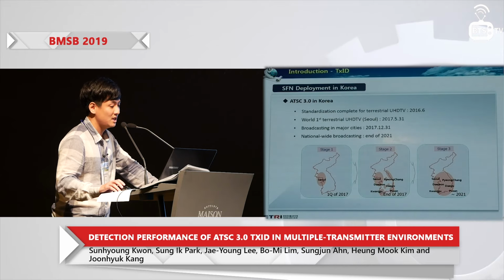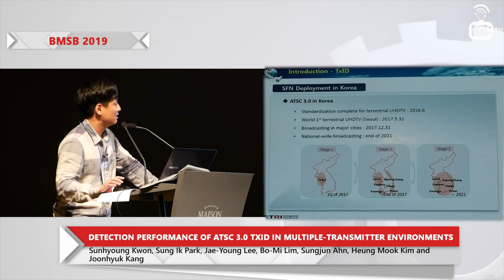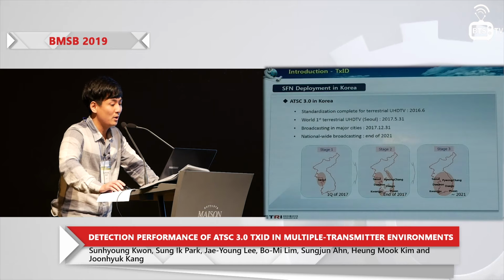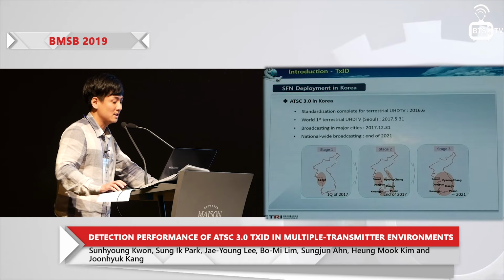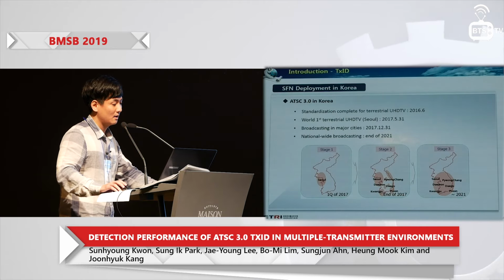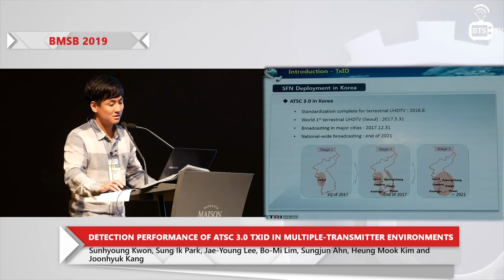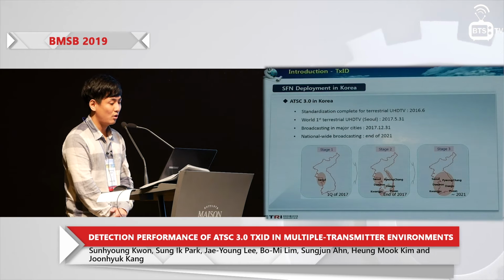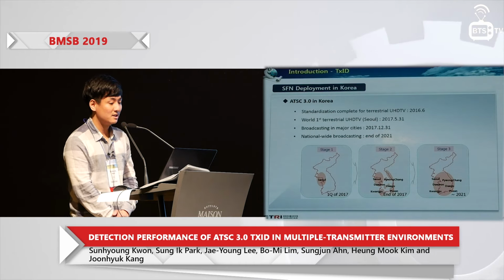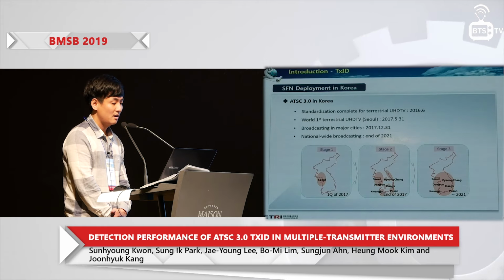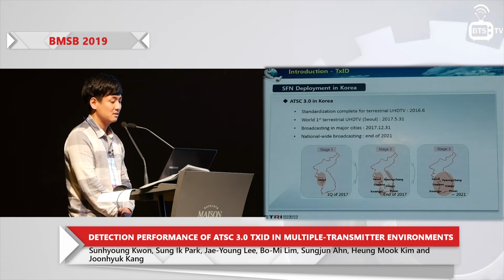So this is the status and future plan of deploying ATSC 3.0 in South Korea. At first, in 2016, the standardization of terrestrial UHD TV for Korea was completed by accepting the ATSC 3.0 standards.